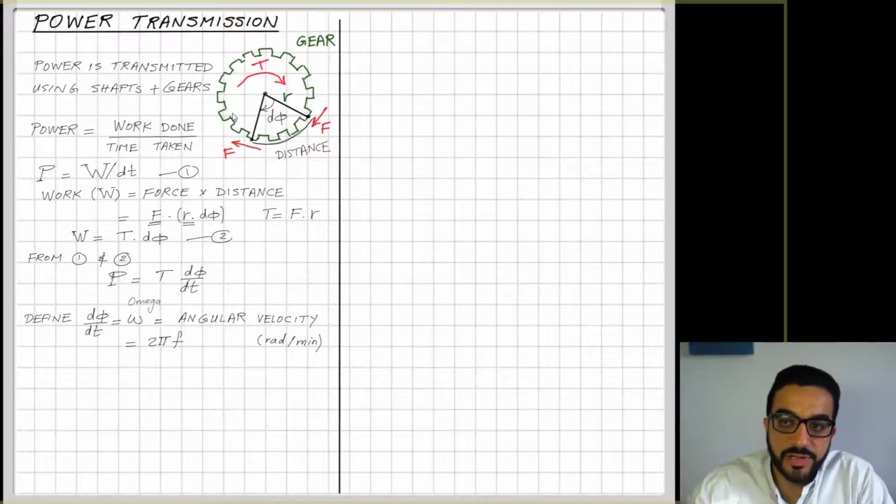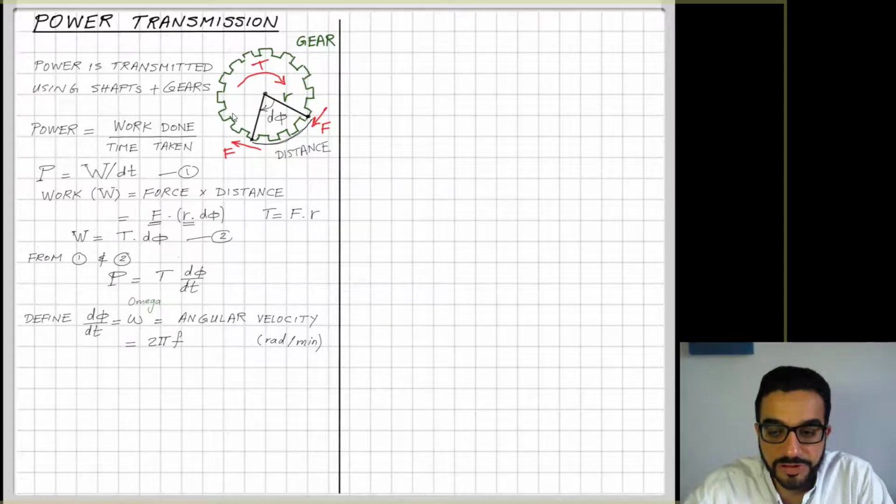It's how fast that shaft is rotating here. It's the change of the rotation angle, not the angle of twist, over time, d phi over dt. And angular velocity is also equal to 2 pi times the frequency. The measure of the angular velocity is radians per minute or per second.